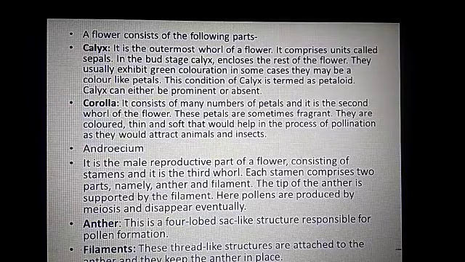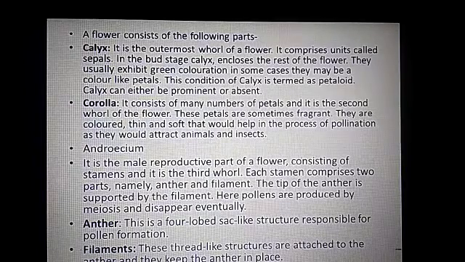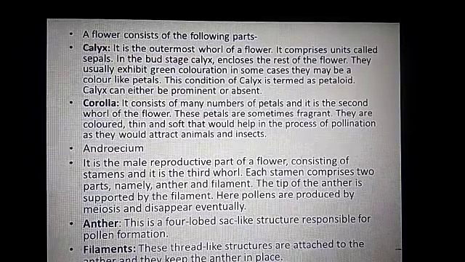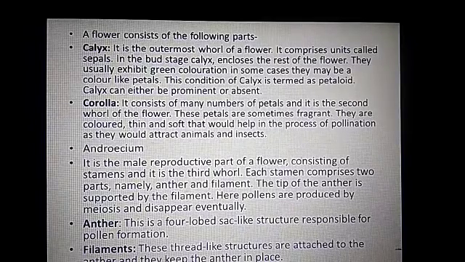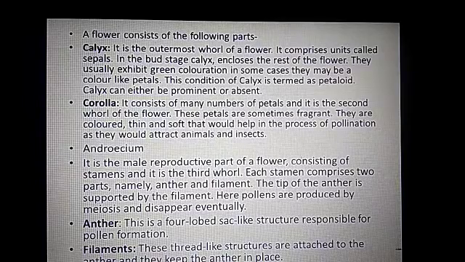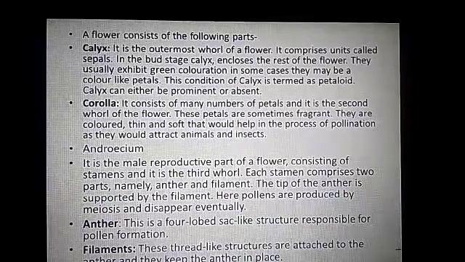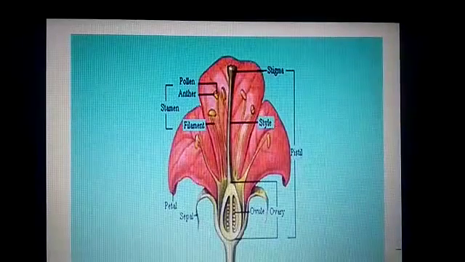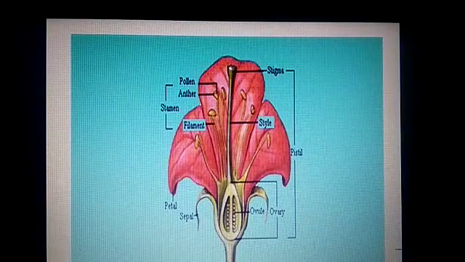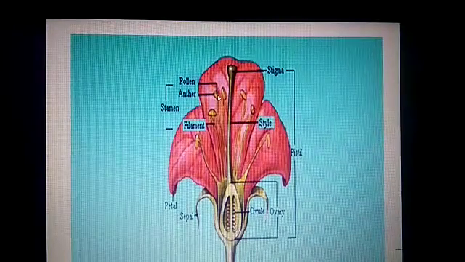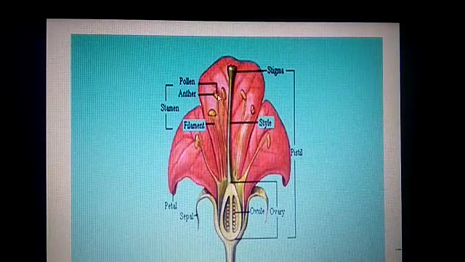Anthers are found at the tips. Each anther consists of four pollen sacs. Next, filament. These are thread-like structures attached to the anther. They keep the anther in one place. So in the androecium, the anther is the male reproductive part.